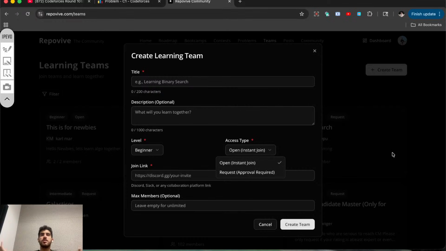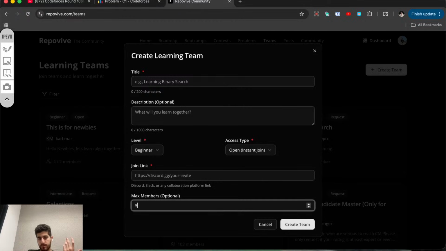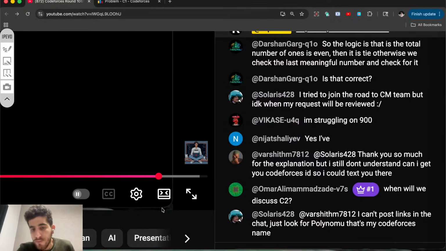Maybe some people want to make a team for themselves. Maybe someone is looking for a maximum of 5 people, so that person will take 5 people and those 5 will start. You should make another one then. There's no limit. If there's one Candidate Master team, you can make a new one and new people will join.